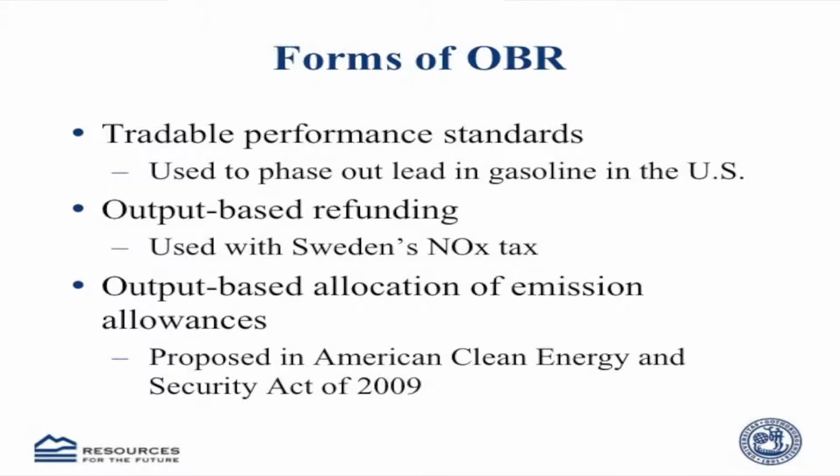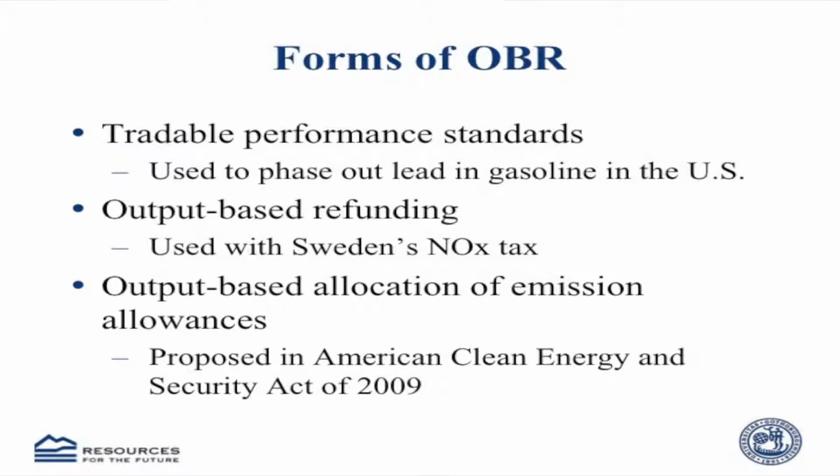And then we have output-based allocation of emissions allowances. This is where you have to buy or surrender allowances for all of your emissions, but you get an allocation in proportion to how much you produce.